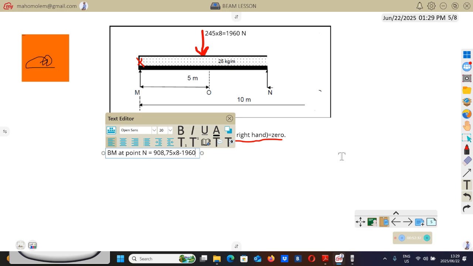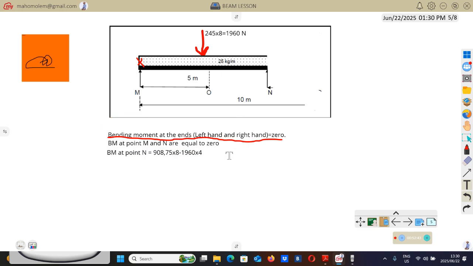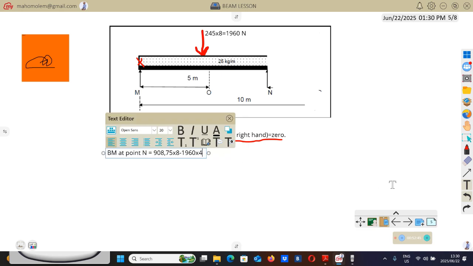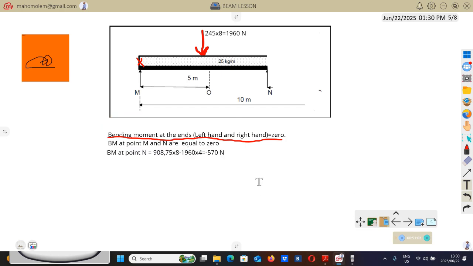Then you take this, multiply by 4, equals to, you will get the same answer of negative 570 Newton. So here I was just showing you that whether you consider the right hand side or the left hand side, you will still get the same answer.